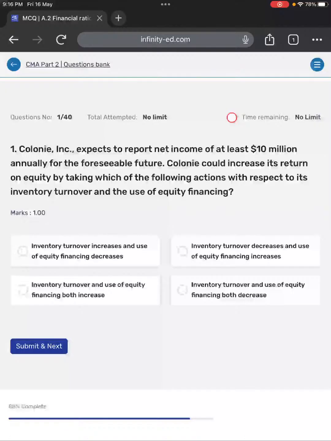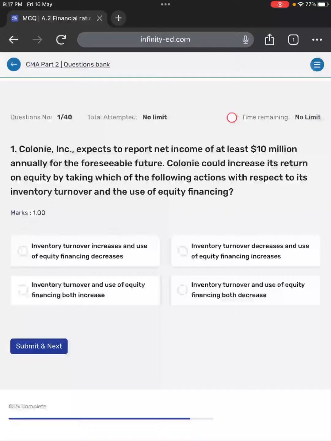The company is expecting to increase its income, so inventory turnover will increase, and use of equity financing will also increase. Both will increase.